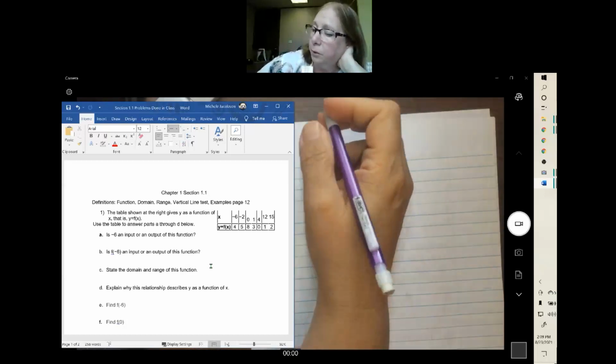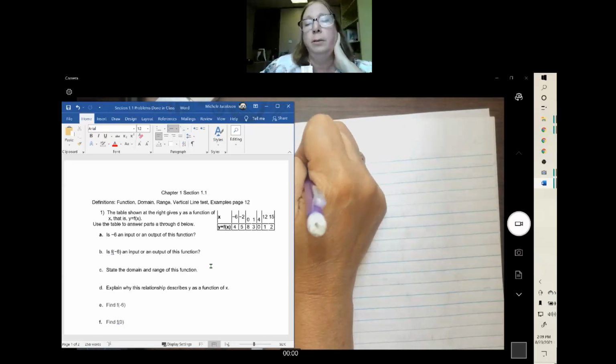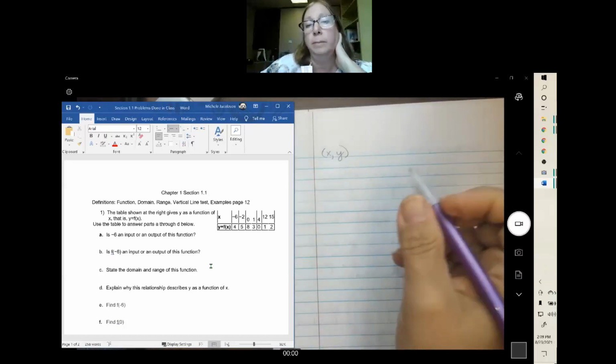Another way of looking at a function, or whether it is a function or not, is to look at the individual points.